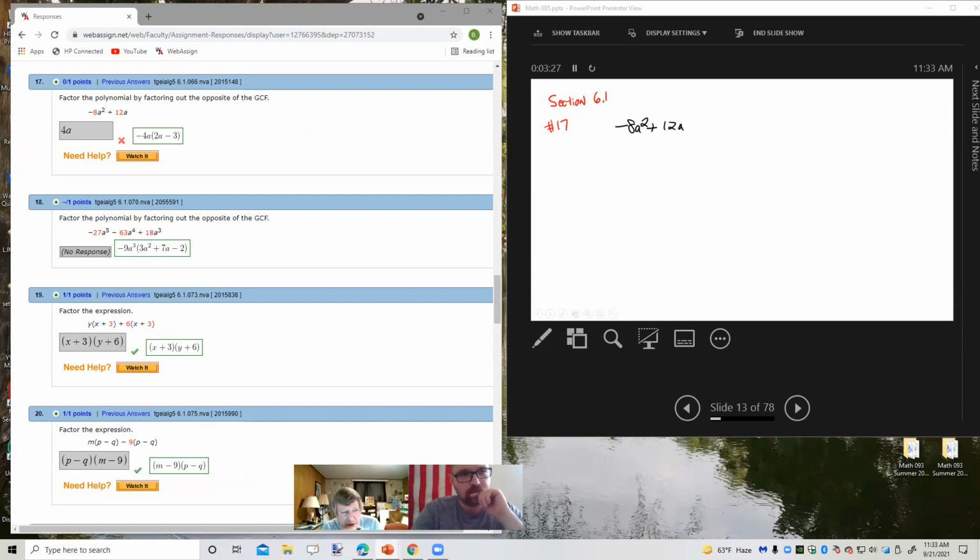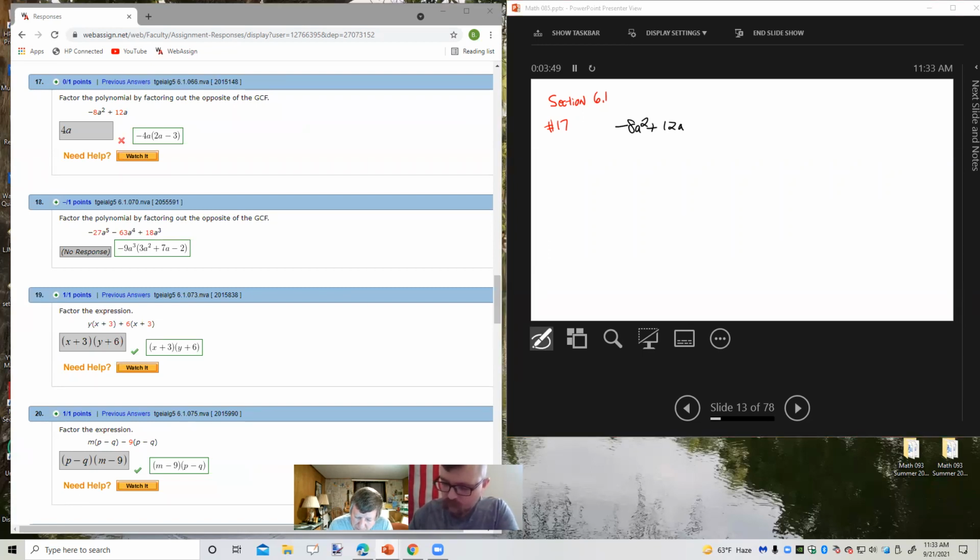Also, notice that there's numbers that are in red, like the 8 and the 12. Everybody has the same assignments, sort of. The numbers that are in red may differ from one student to another. So your problem number 17 may not look exactly like this, but it's the same type of problem.